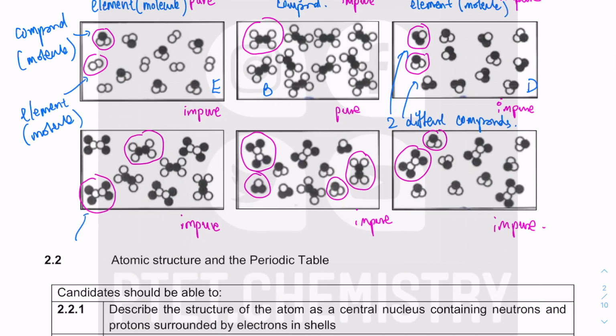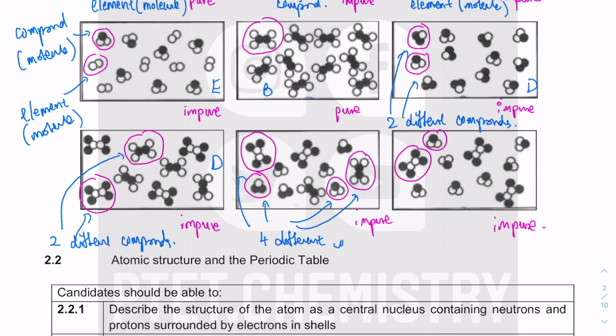The next bit, these again are two different compounds. In fact, you also can call them two different molecules, but elements, compound, and mixture are the categories given in this particular subtopic. So each of these is four different compounds.